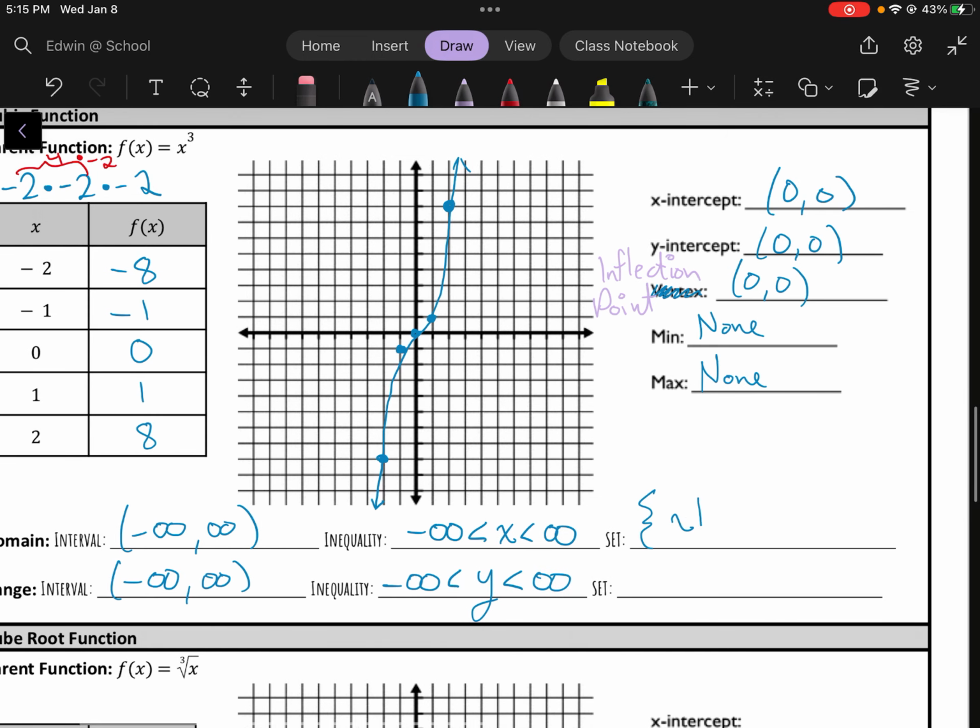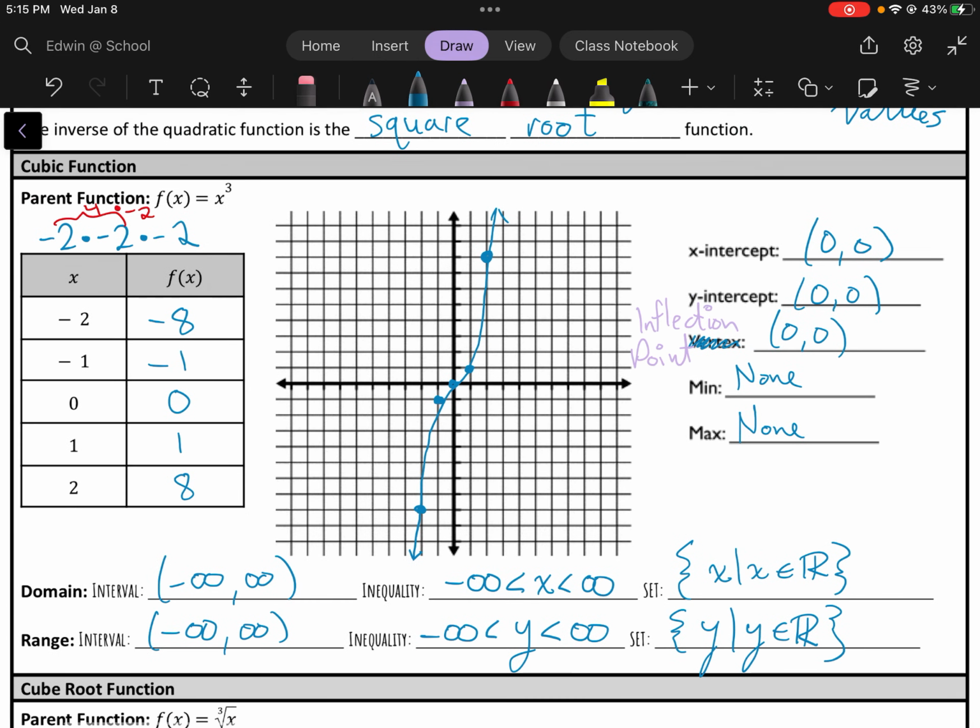Finally, we do the set notation. x is a part of our real numbers. Then we do y is such that part of our real numbers. And that's about the extent of the cubic function. It looks like a nice, smooth curve with an inflection point rather than a vertex.